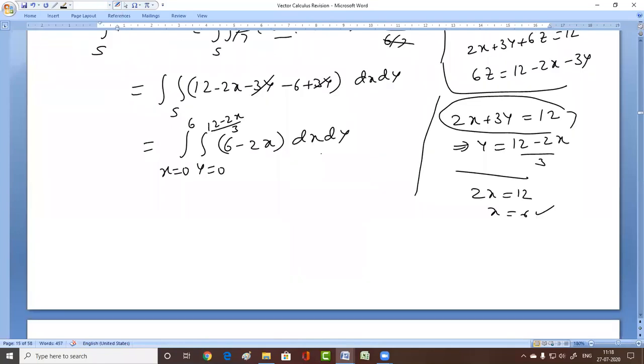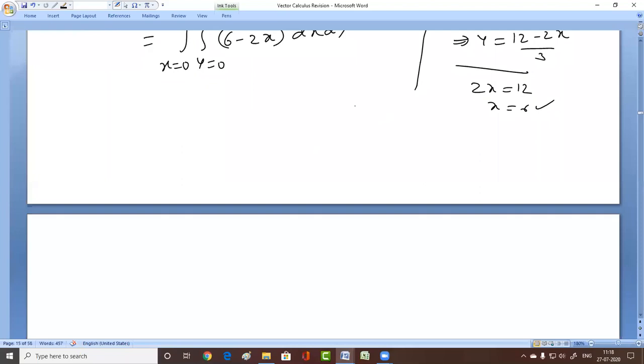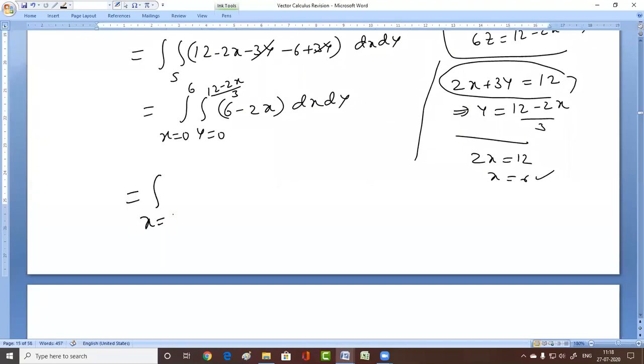So in this problem, n is known, F dot n is known, and dS is also known. The unknown quantities are replaced with known values of x and y with the help of the given surface. Now we will find the integral value. x is 0 to 6. Integrate with respect to y only; other variables are treated as constant. Here 6 minus 2x is constant.